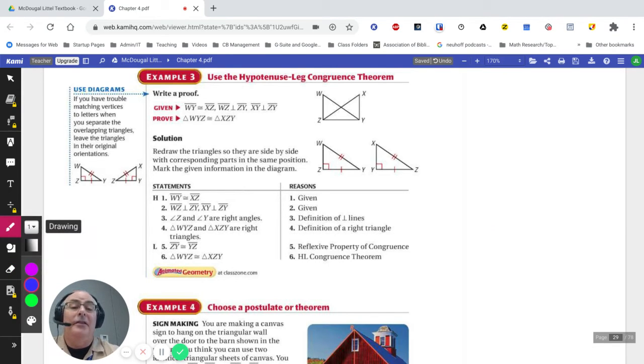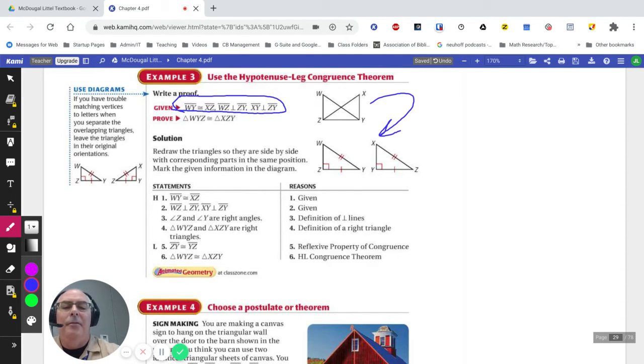So again, sometimes I have to take a drawing and redraw it in a way that's easier to see. I'm given a lot of information here. I'm told that WY and XZ are going to be congruent, and I'm also given the fact that these two are right triangles.